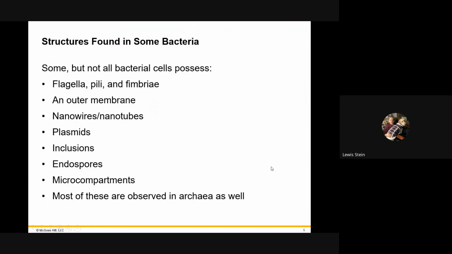Other things that bacteria have are appendages. Now, in A and P, you're talking about human cells, flagella. You probably studied the flagella. You looked at the old 9+2 model, and we're actually going to review that. Those 9 doublets of things called microtubules might be ringing a bell with you.